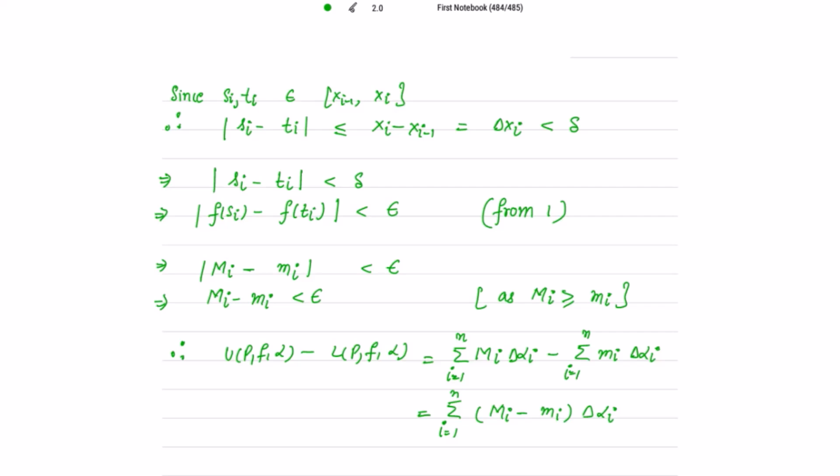Now further, this is less than epsilon. Because it is less than epsilon, I will write this to be less than the summation with epsilon instead of their difference. So this is equal to, taking epsilon outside, epsilon times the summation of delta alpha i, i going from 1 to n.